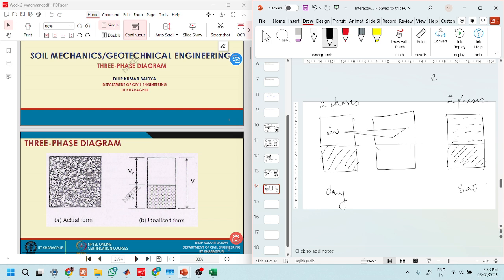For all the rest of the cases, you will have three phases in the soil, in which you have the solids, you have the voids. Some of the voids are filled with water, some of the voids are filled with air.